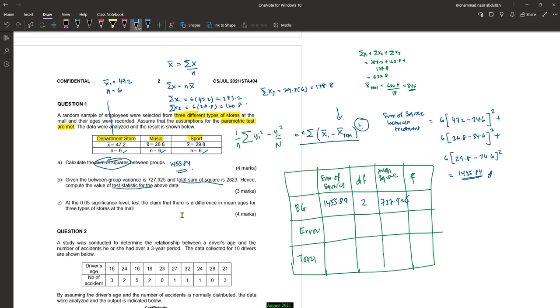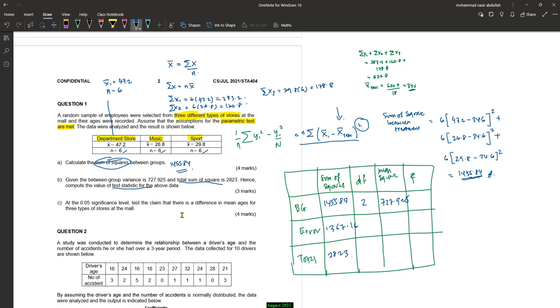Okay. So next, they give us the total sum of square, which is 2823. So to get the error, we just minus. So this one should be 1367.16.